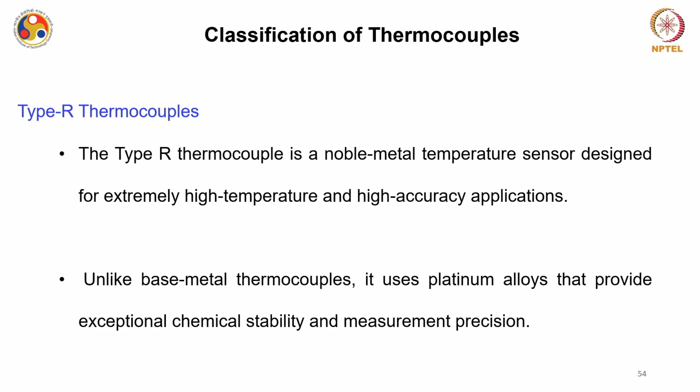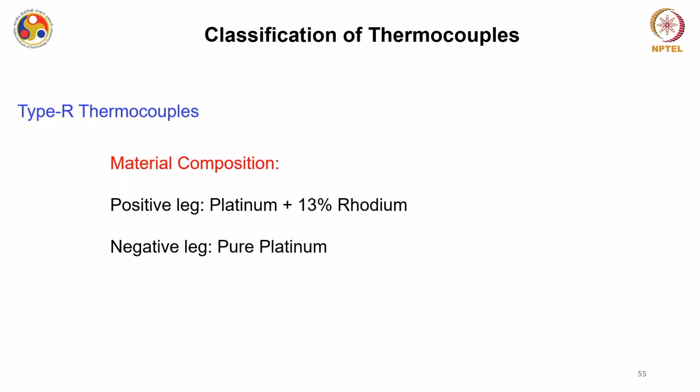Unlike the base metal thermocouples, it uses platinum alloy that provides exceptional chemical stability and measurement precision. Please note that we have not introduced platinum till now. This is the first kind of thermocouple that we are studying having a platinum component, and that's how it has been classified under noble metal thermocouple.